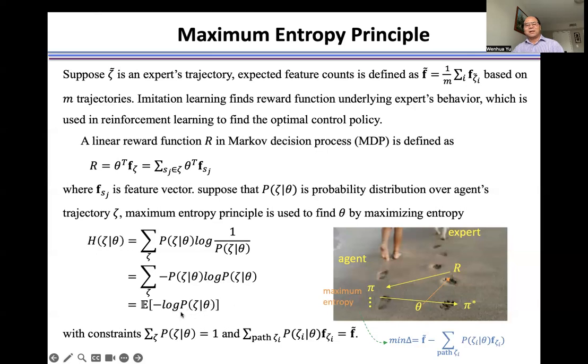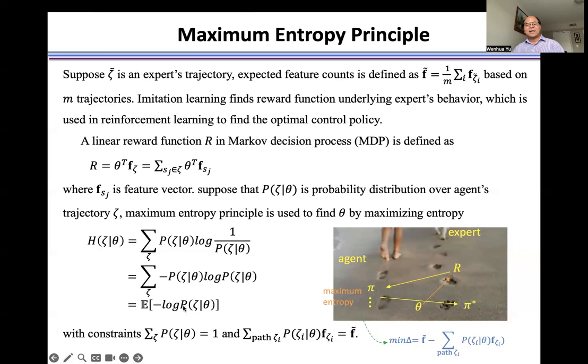This P satisfies the constraints. First, the sum of this P is equal to 1, and the feature expectation from this P equals the feature expectation of the expert policy.